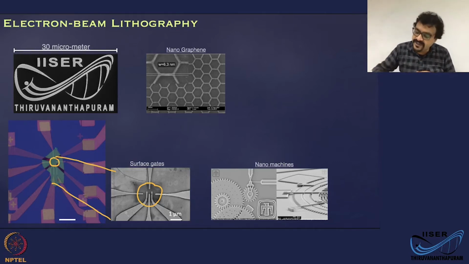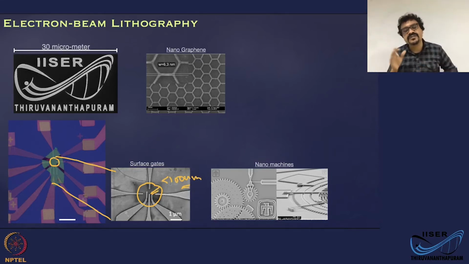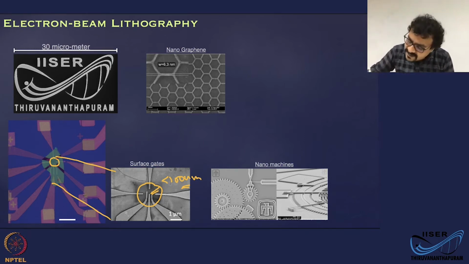Here the smallest feature is less than 100 nanometers in size. These gates, these are surface gates, are close to 60-70 nanometers. That's what we have in this picture, and the scale bar is 1 micrometer.